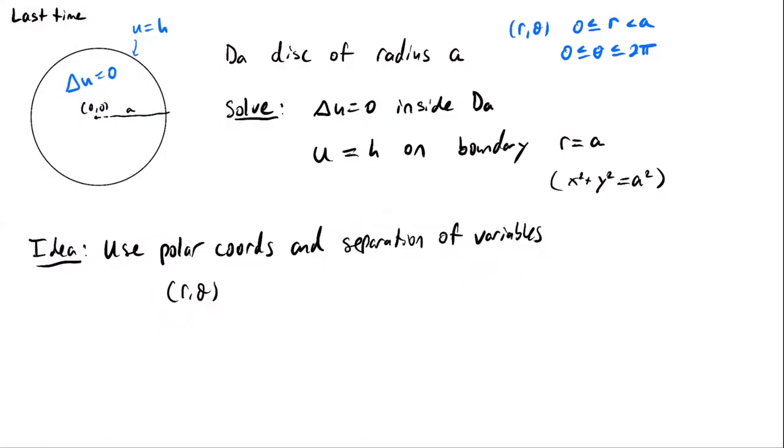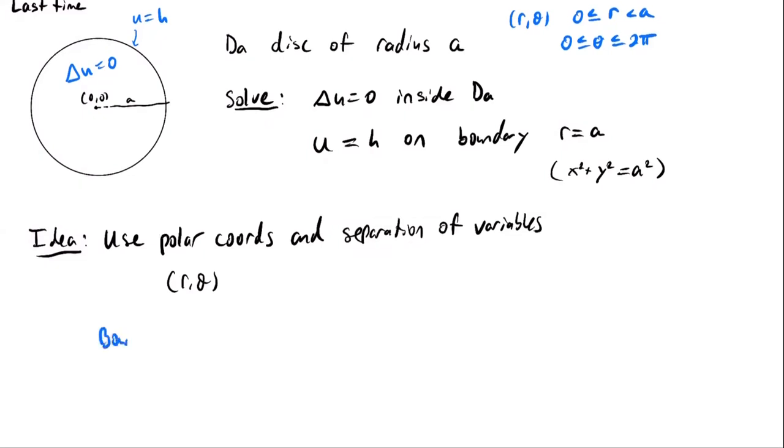Let's review what we need for the boundary condition. We want u equal to this function h on the boundary.